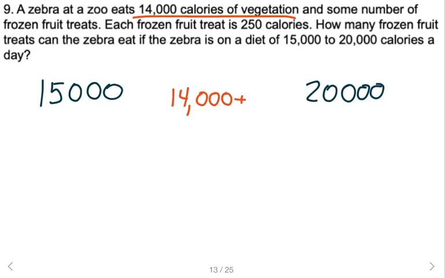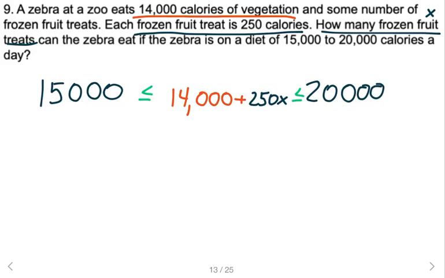The frozen fruit treats are 250 calories each. So if we let x represent the number of fruit treats, then it'd be 250 times that. And so the daily calorie intake has to be between 15 and 20,000 according to the diet.